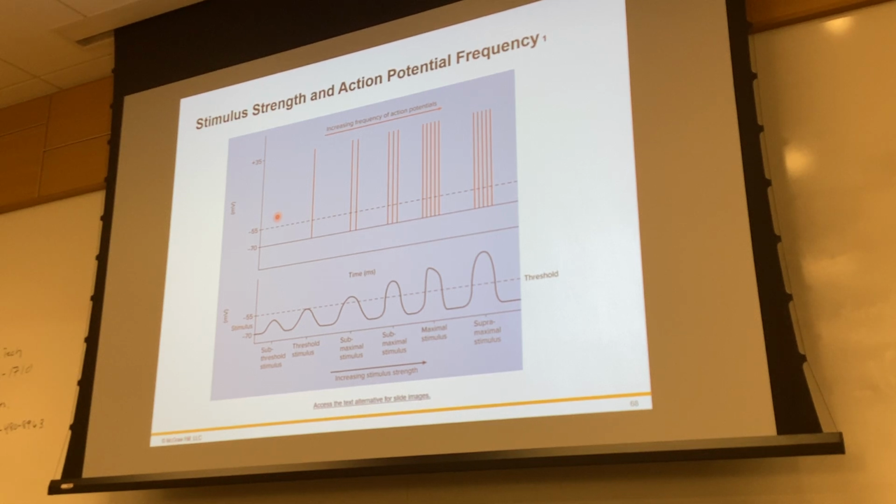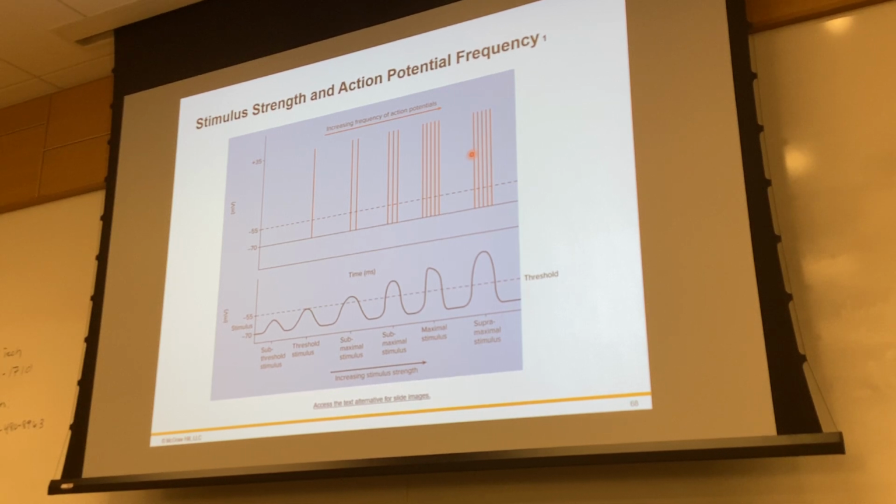None. Why is that? Because the signal is less than the threshold, and so as a result of that signal being less than the threshold, there's no response. So regardless of whether you have a single response or as many responses as you can, those responses don't increase in magnitude, they increase in frequency.